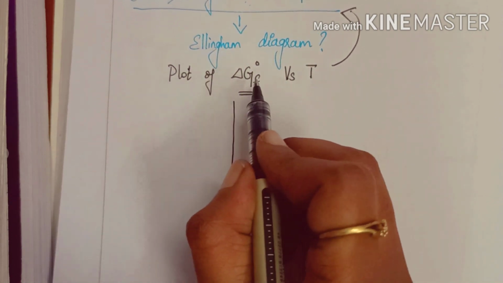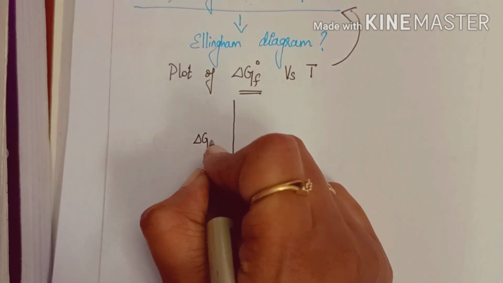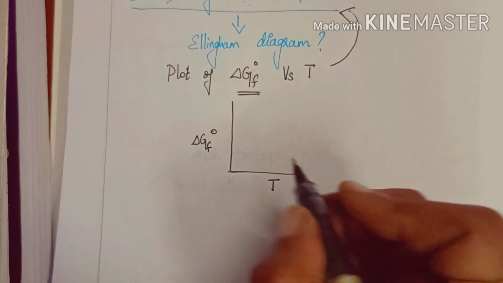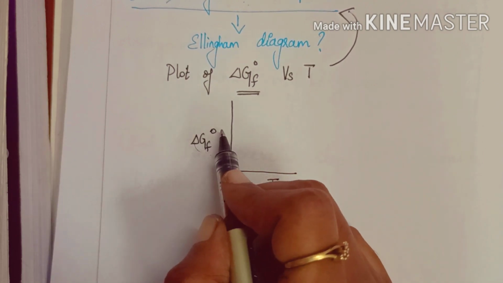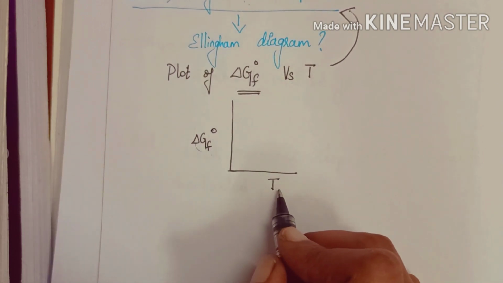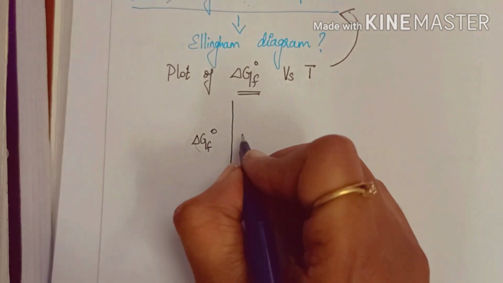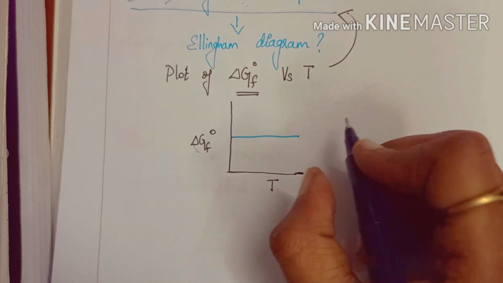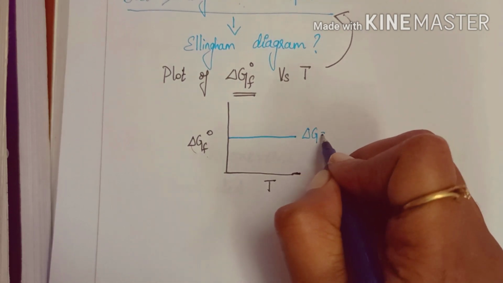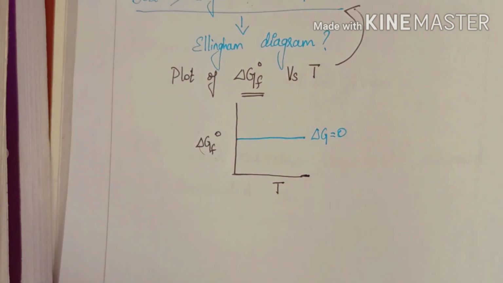This is a plot of delta G F naught versus temperature. Here delta G F naught is on the y-axis and temperature is on the x-axis. Now, there is a line which has delta G equal to 0.